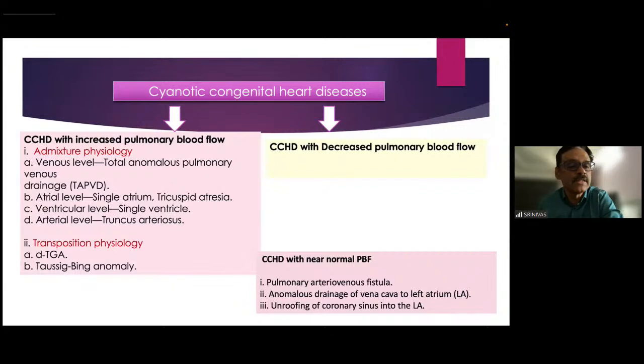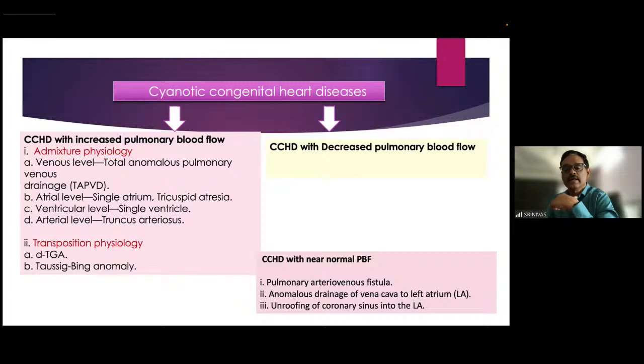The admixture lesion can be at the venous, atrial, ventricular, or great arterial level. Examples: at venous level, total anomalous pulmonary venous connection; at atrial level, single atrium and tricuspid atresia; at ventricular level, single ventricle; and at arterial level, truncus arteriosus. Transposition physiology is usually represented by DTGA and Taussig-Bing anomaly.